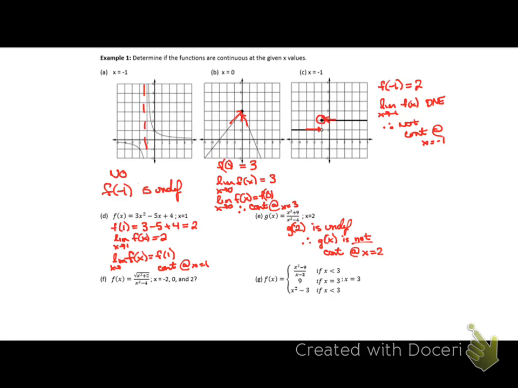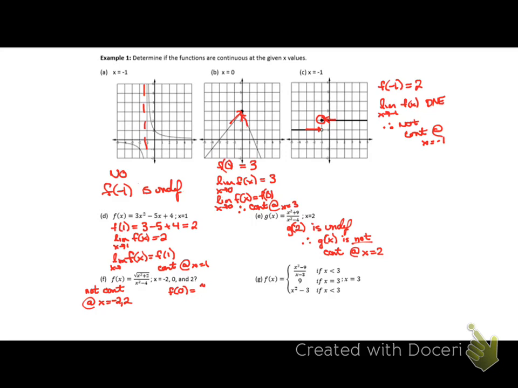All right, for F, it's asking for 3 different numbers. Well, let's see, if we have negative 2 and 2, those are pretty easy to rule out. Okay, so it's not continuous at x equals negative 2 and 2. We know that because the denominator would equal 0. So let's find f of 0.